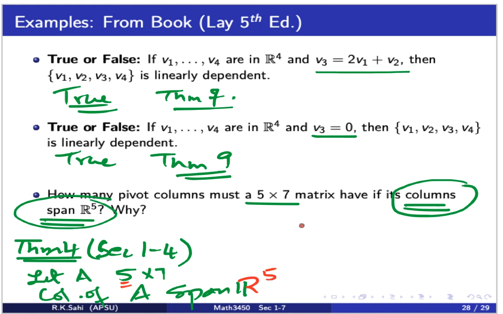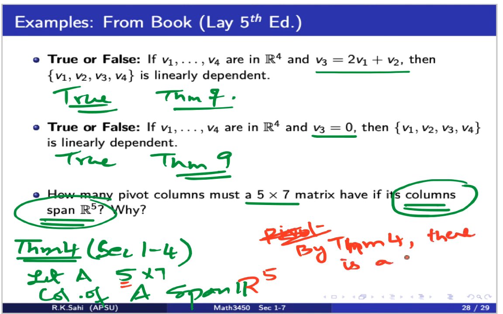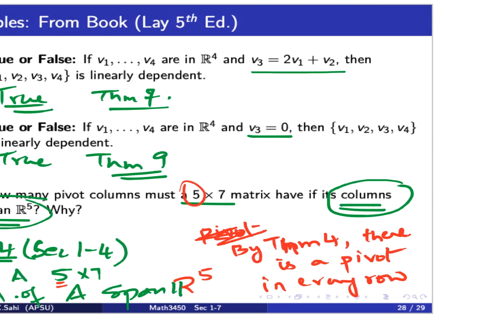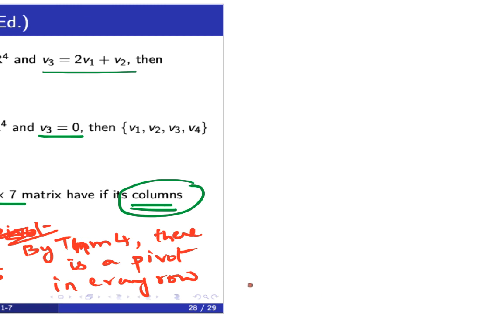So according to Theorem 4, what does that mean? There has to be a pivot in every row. Now, how many rows do we have? 5 rows. Now, let's literally write it down. It's a pivot in every row.